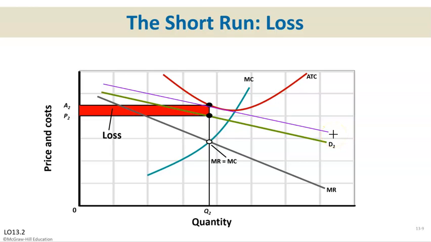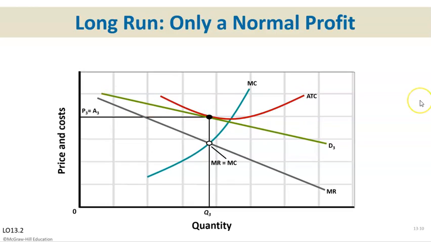So remember, in monopolistic competition, when the firms are making a loss, it means that some firms will exit and the demand curve will shift to the right. In the long run, after all the firms either enter or exit, depending on the profit or loss, all of the remaining firms will be making a normal profit, which is an economic profit of 0.